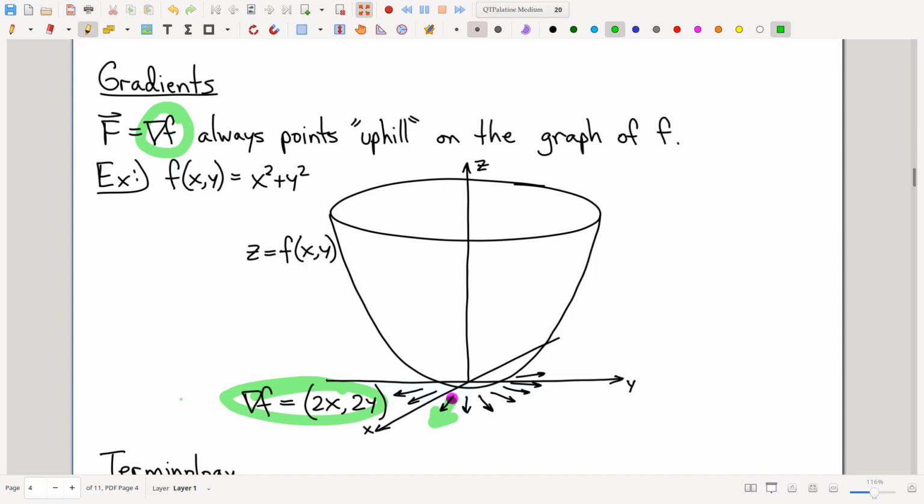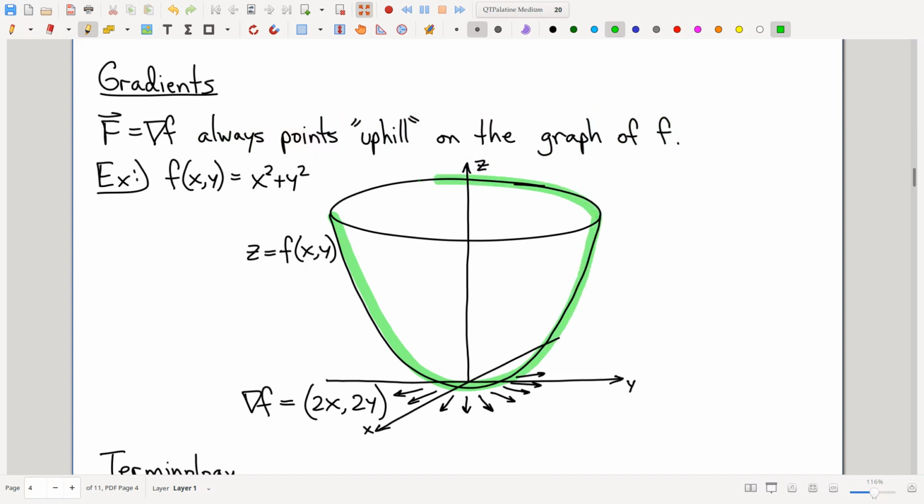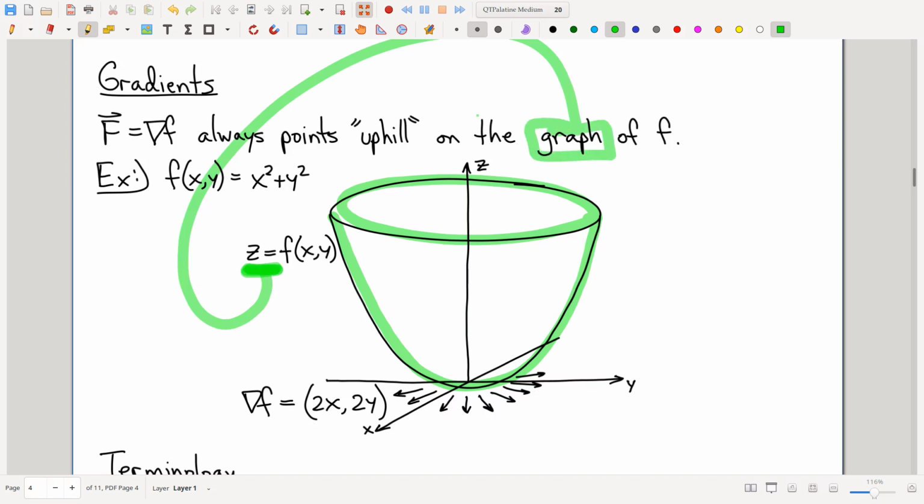So that combined with our old interpretation that gradients always point uphill on the graph allows us to look at this example right here. You see we have a real valued function. Here is the graph of that real valued function.